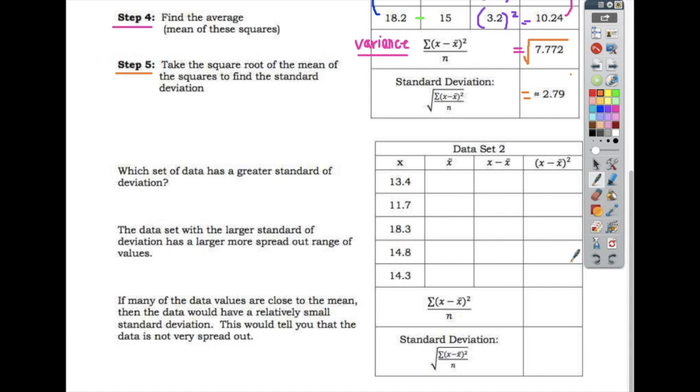So we should get 72.5 divided by 5. So for our mean, we get 14.5. So I'm going to write 14.5 in every box under our X bar for our mean.